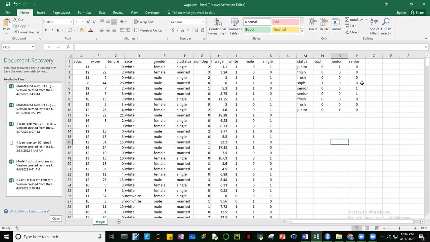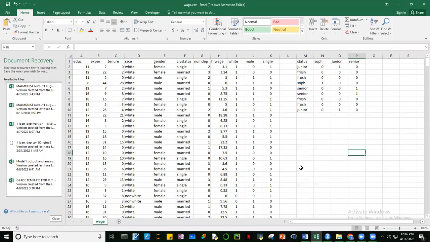Kapag senior, junior, sophomore, ano naman yung effect? Kasi possible na magkakaiba yung effect. So how do we now convert a factor? Character muna to, tapos ginawa natin factor. Behind the scenes, mag-create si R ng dummy variables. Ang dummy variables, 0 or 1 lang naman.